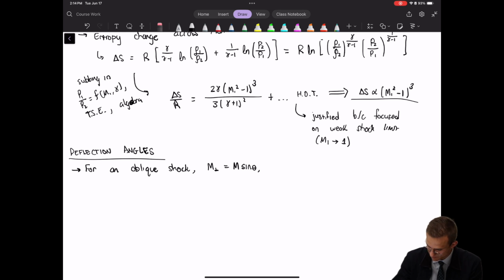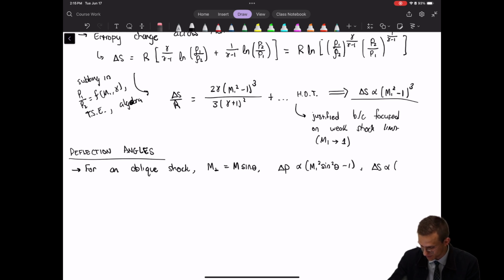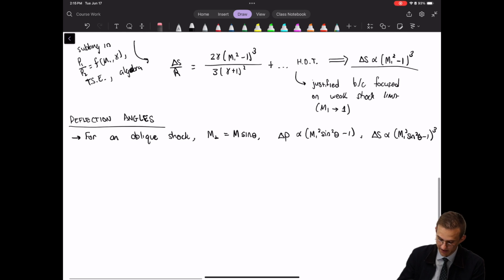So therefore, we know that the change in pressure across an oblique shock is proportional to M1 squared sine squared theta minus 1. And the entropy change across an oblique shock is proportional to M1 squared sine squared theta minus 1 to the third power, right? So let's consider the case of a very weak shock.